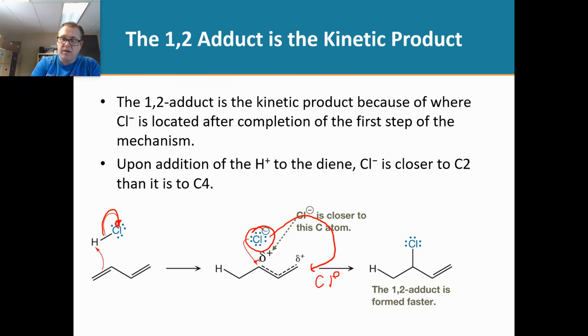And when it travels over here, then it can attack at the 4 position. So it just takes more effort and more time to get that chloride to move over to where the 4th carbon is, so it can attack there.